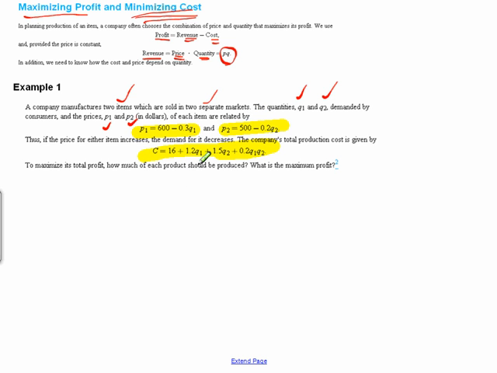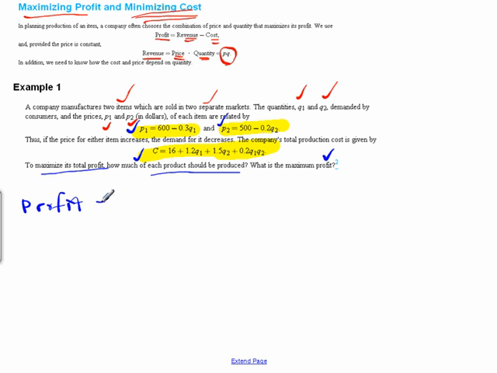So it depends on how much we're producing of each different item. And what we want to do now is take our total cost and our prices and maximize total profit and figure out how much of each product should be produced and then what would be that maximum profit.